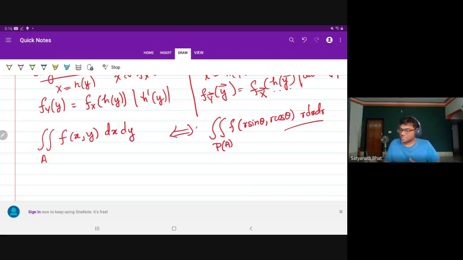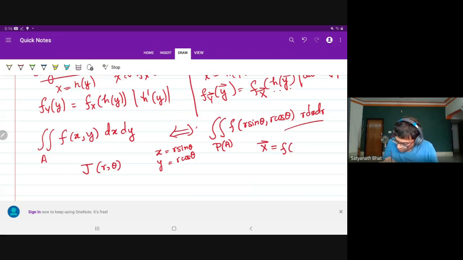So why does this r come in? This is an example of the Jacobian. Let's take the transformation where x is equal to r sine theta and y is equal to r cos theta, say some capital F of r comma theta, which internally represents this itself.